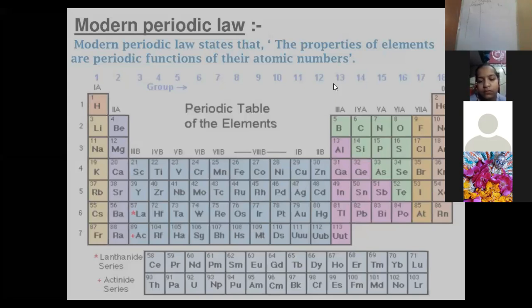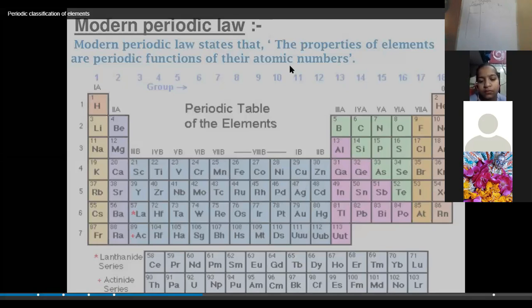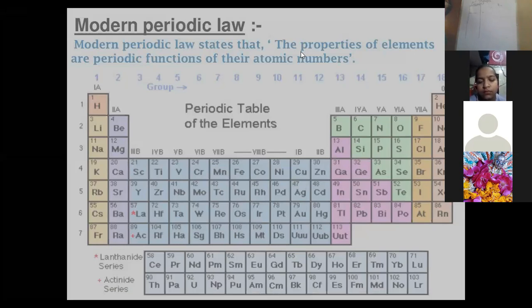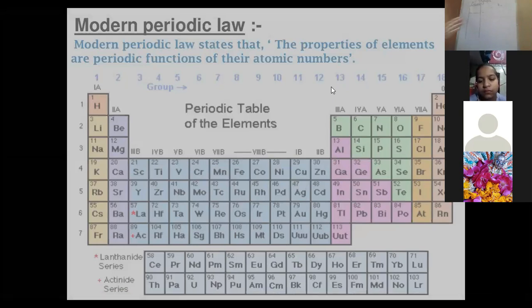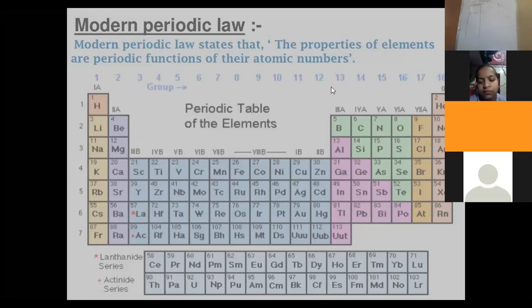Then the second anomaly of Mendeleev was that he was not able to assign a proper place to isotopes. In the modern periodic table that has been removed. Why? Because the modern periodic table is based on atomic number. Isotopes are those whose atomic number is the same but atomic mass is different.